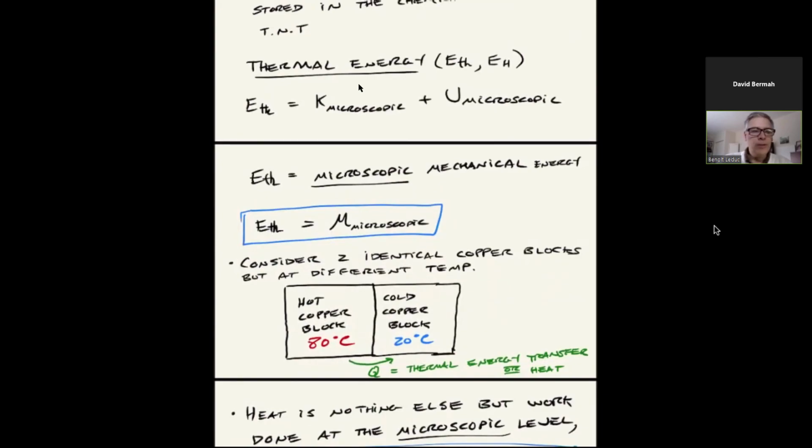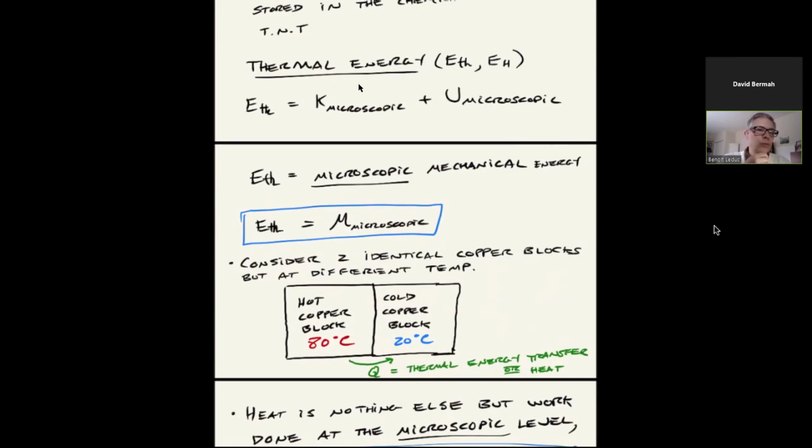In your book, they call this EH, where H stands for heat. Well, no, heat is the transfer of thermal energy. It's EH or ETH for thermal energy. But heat is a transfer of thermal energy. It's not thermal energy, it's a transfer.